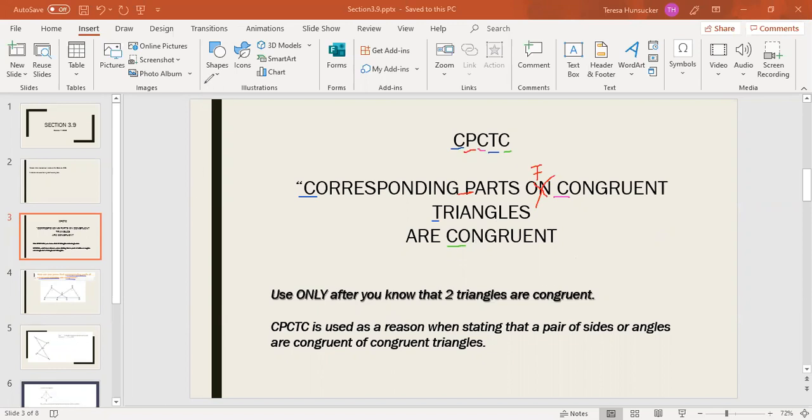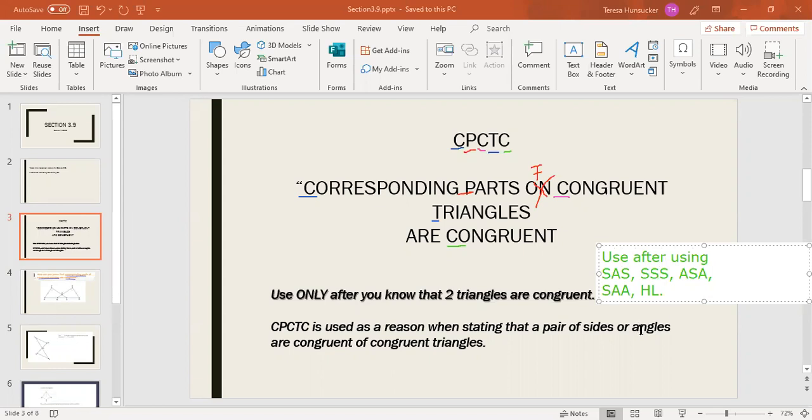When do you use this? Why do you need it? You use it only after you know two triangles are congruent. So what does that mean? Use it after using side, angle, side; side, side, side; angle, side, angle; angle, angle, side; or HL, hypotenuse leg.